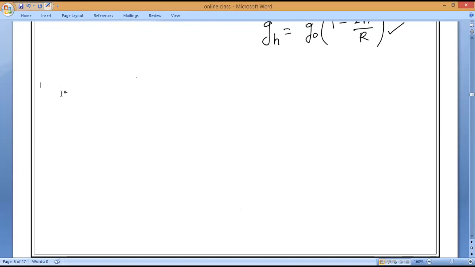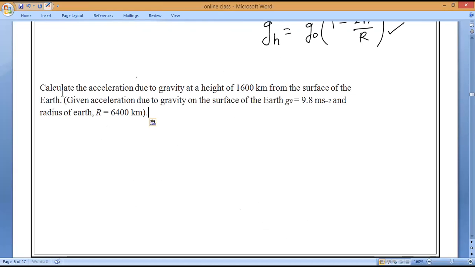Decreases. Let us calculate at this height. I traveled 1600 kilometers from the surface of the earth. Now, let us check how much our g value will come to and what the answer is.